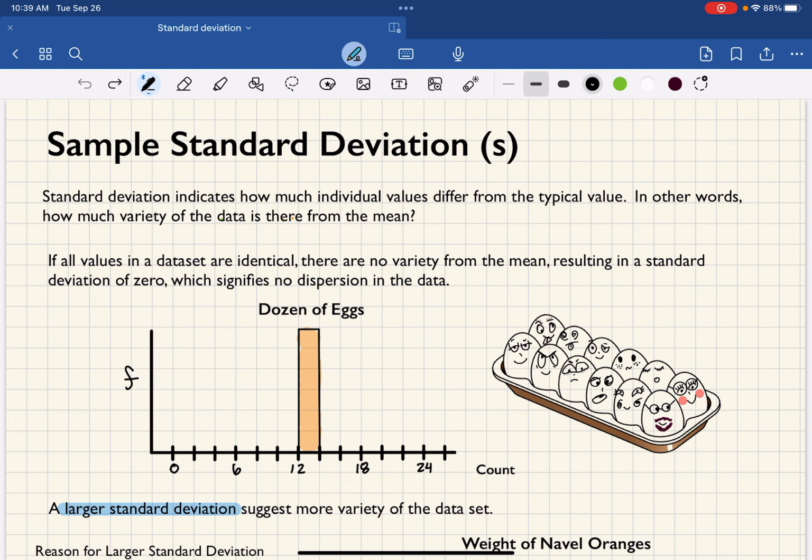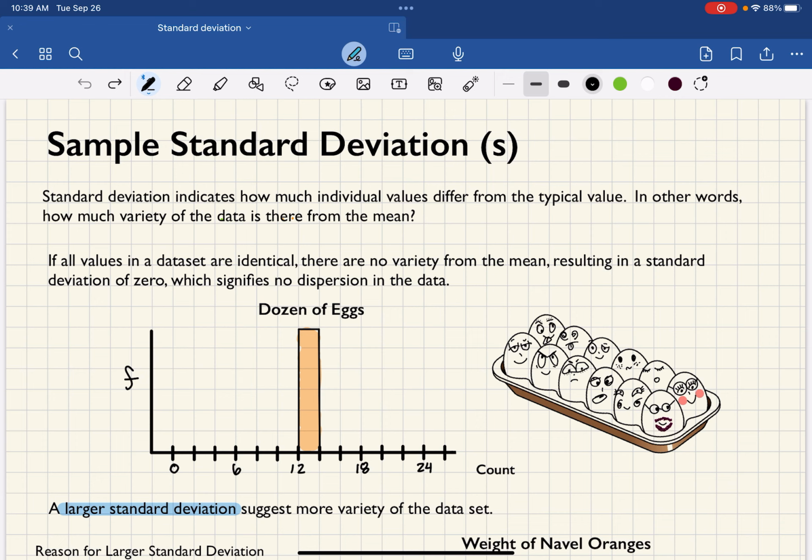Meaning, if you go inside the store and there's always a dozen eggs in a carton, always a dozen, always a dozen, there's no variety. There is no standard deviation. As a matter of fact, this is one of the ways of saying that it's very consistent. You're consistently getting 12 eggs, which in this case is good, because if you go buy a dozen eggs and you get 11, that's not very consistent.